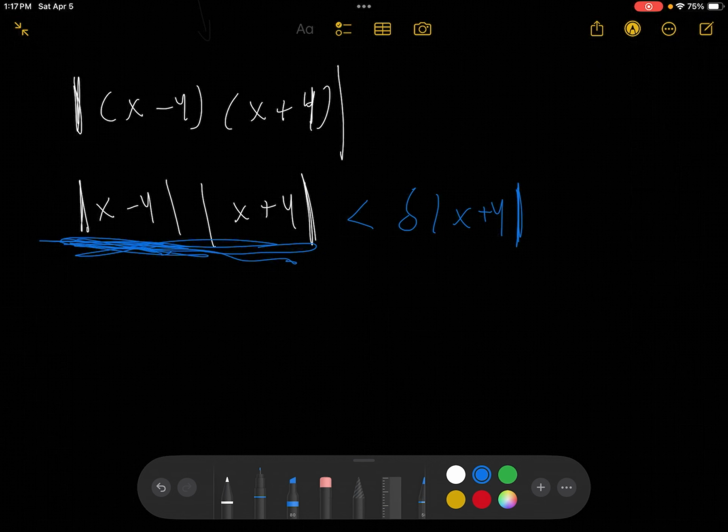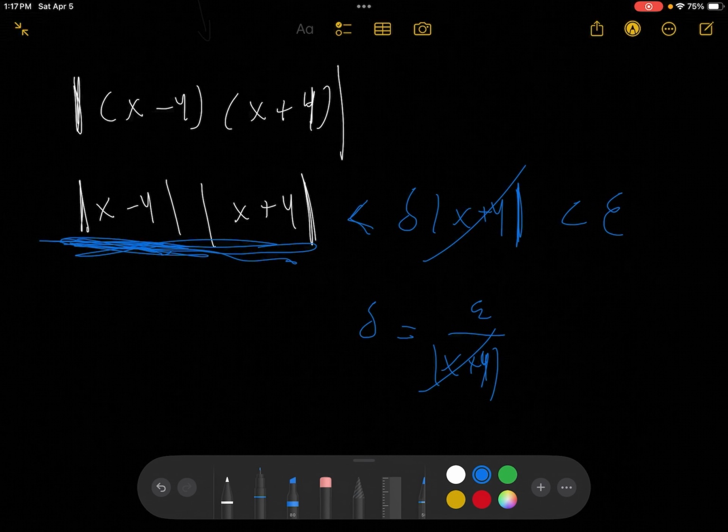And we want to show that this expression is less than epsilon. So you might think, let's take delta equals epsilon over the absolute value of x plus 4. Then these two will cancel and we'll end up showing this is less than epsilon.